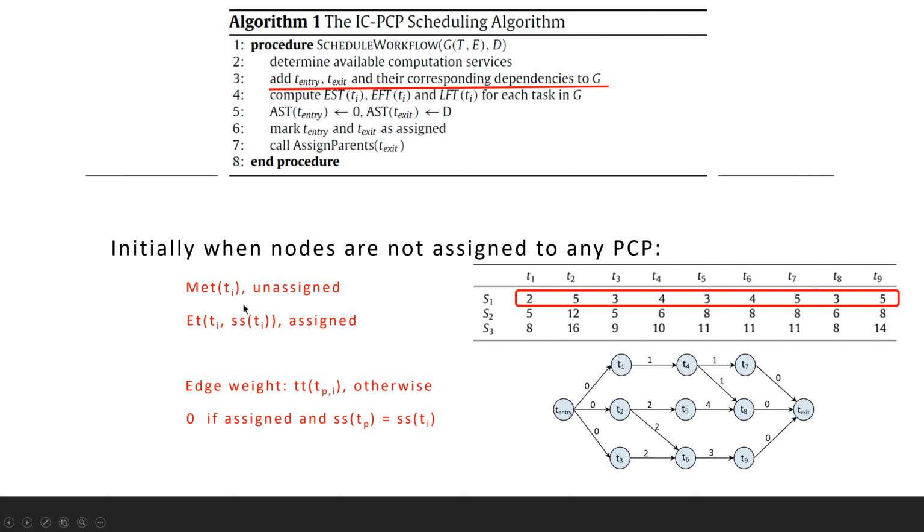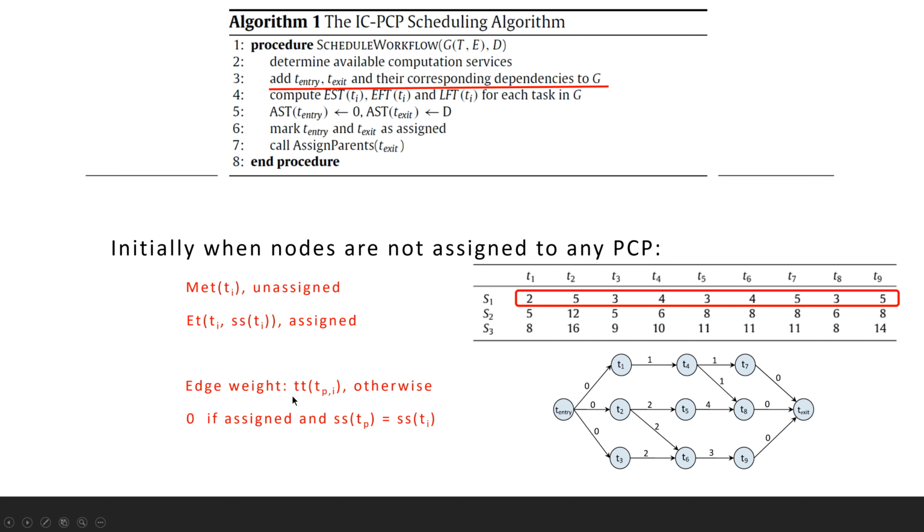So initially we'll assign the MET as the node weight. That means we will assign the fastest virtual machine, and with the fastest virtual machine we'll have the shortest execution time, or minimum execution time. So you can see I highlighted the first line, and this value will be assigned to each node initially.